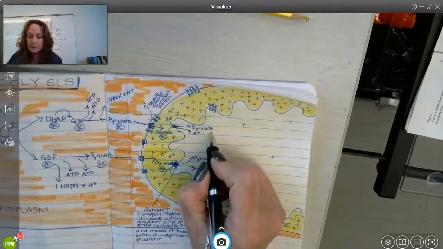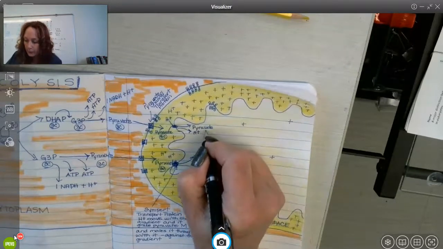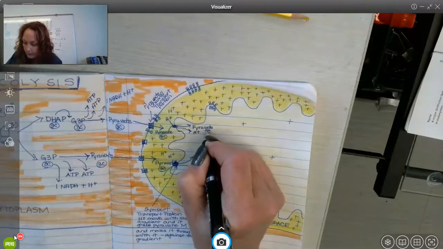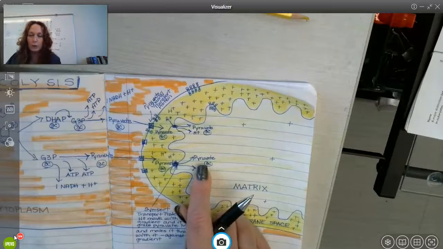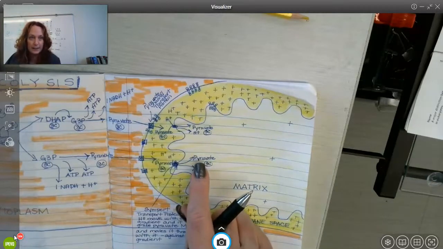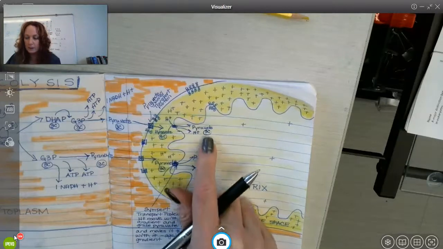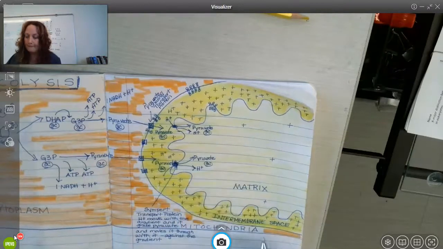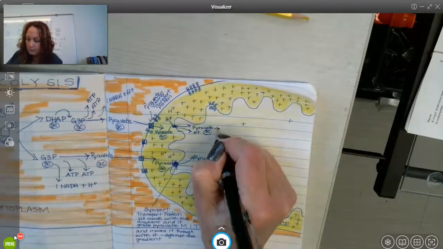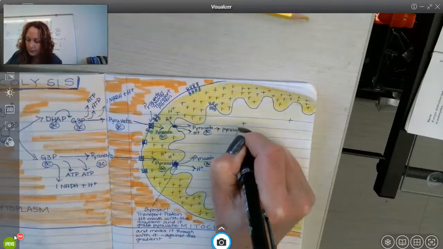So this pyruvate is now going to, got 3 carbons, right? We're going to go through pyruvate oxidation, and we're going to reduce the number of carbons in the pyruvates to 2. So we're going to lose a carbon. So I'm going to just give myself this pyruvate right here.